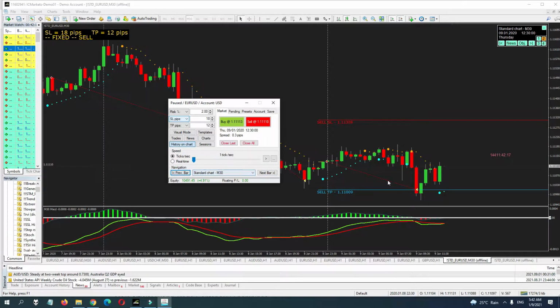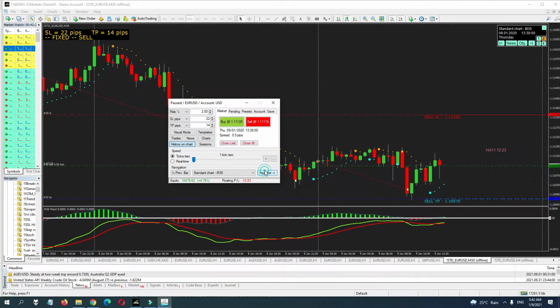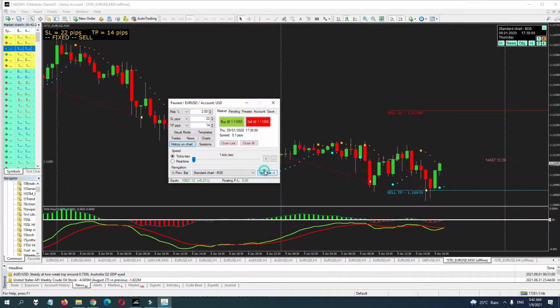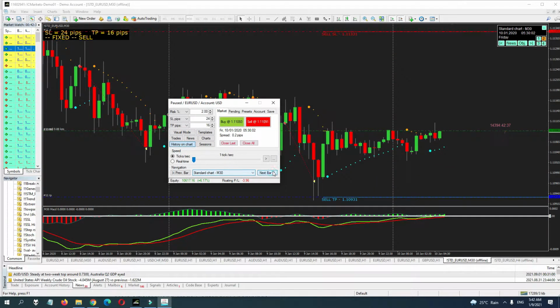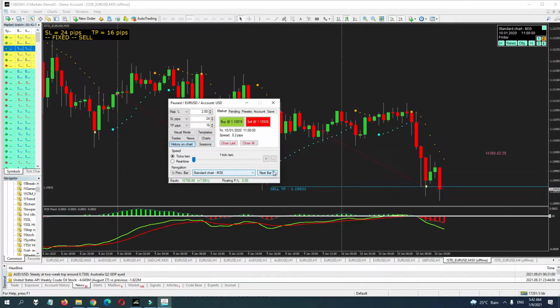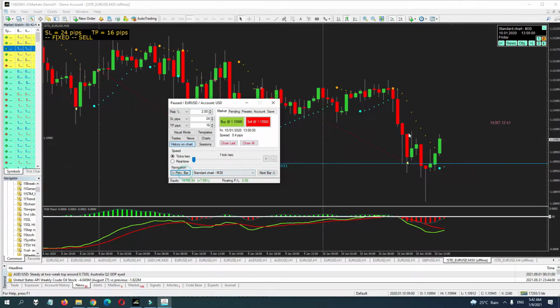Sell here. Sell again. Okay, so the market is ranging, so it's very good in this kind of market condition. But it can survive a trending market as well.